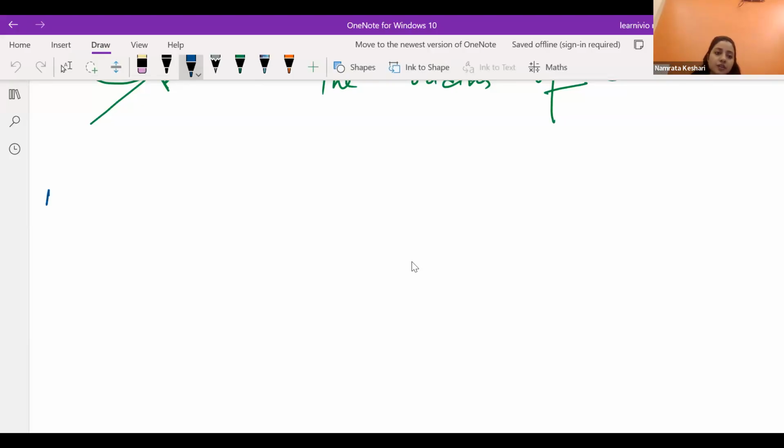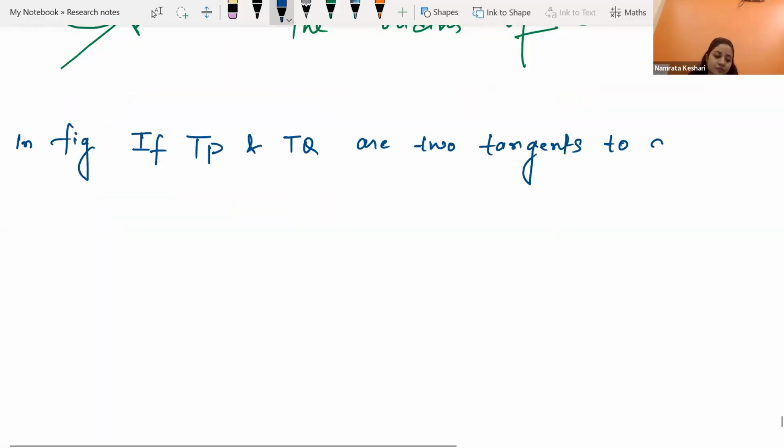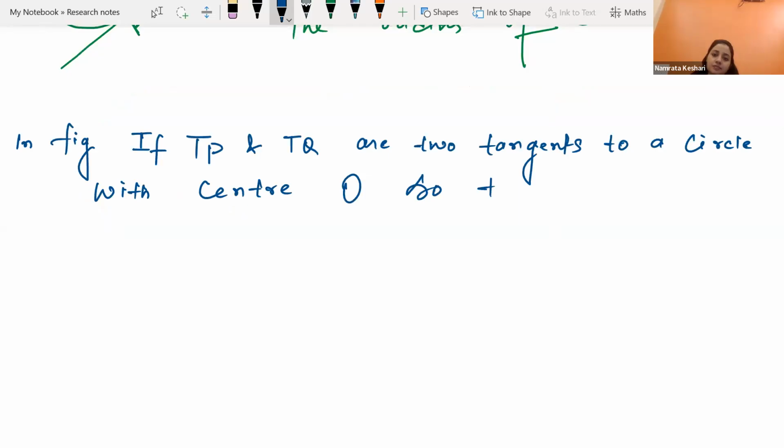So here in the given figure, TP and TQ are two tangents to a circle with center O, so that angle POQ is already given as 110 degrees.